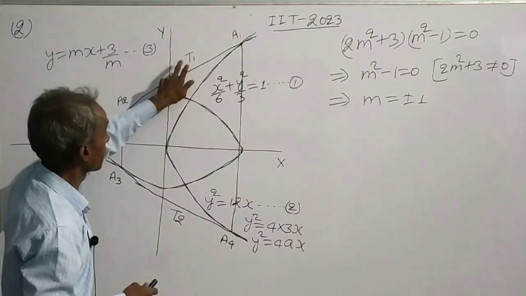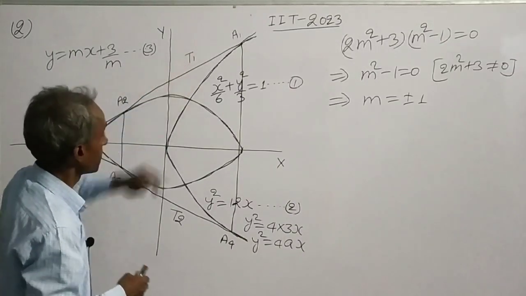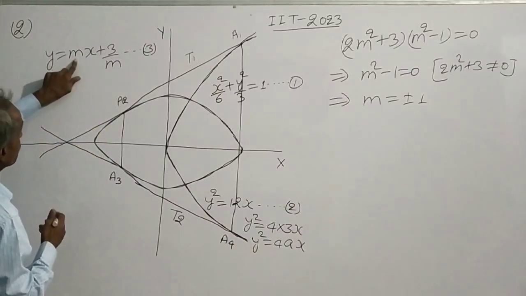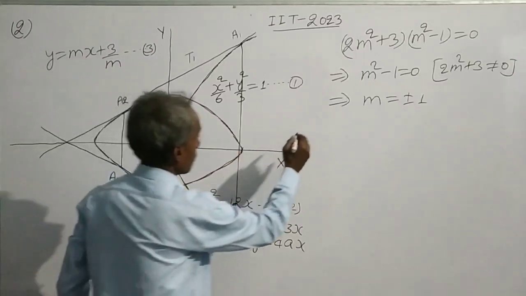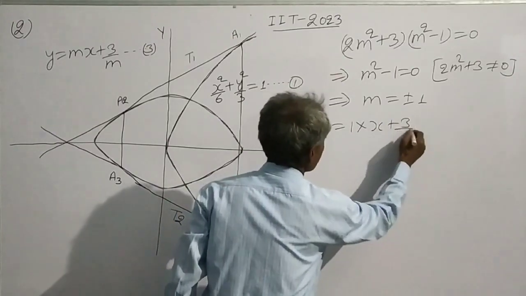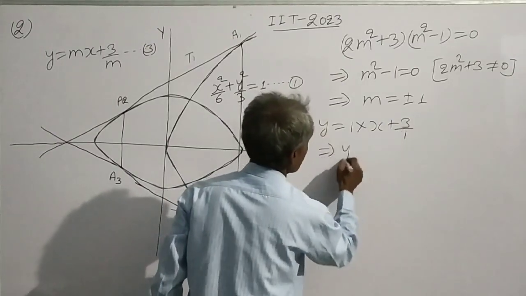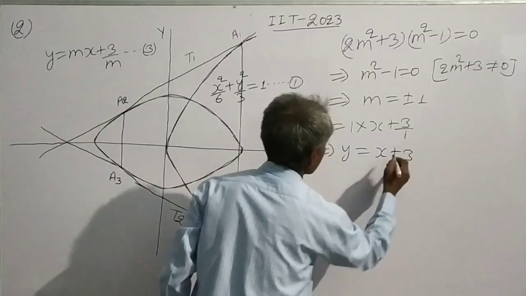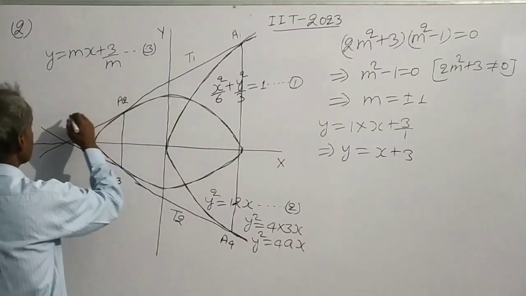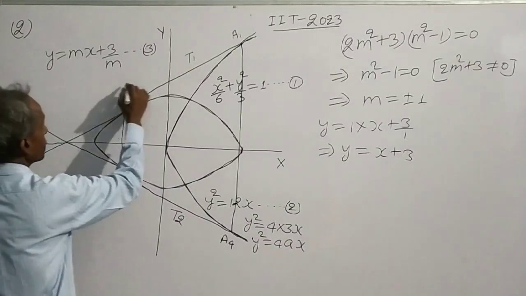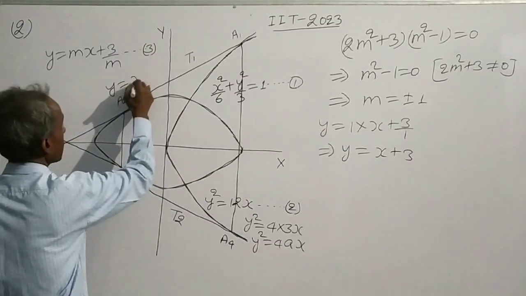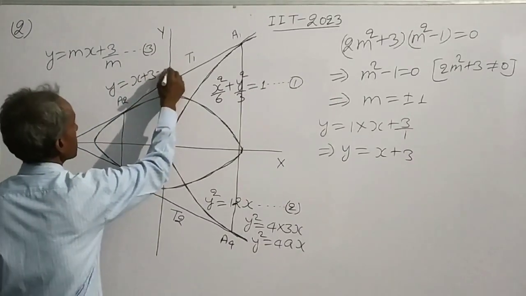We get the equation of common tangent T1: y is equal to 1 times x plus 3 by 1, so y is equal to x plus 3. That means the equation of this tangent is y is equal to x plus 3. This is equation number 4.